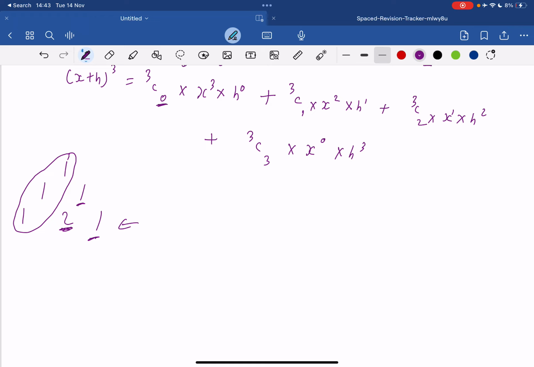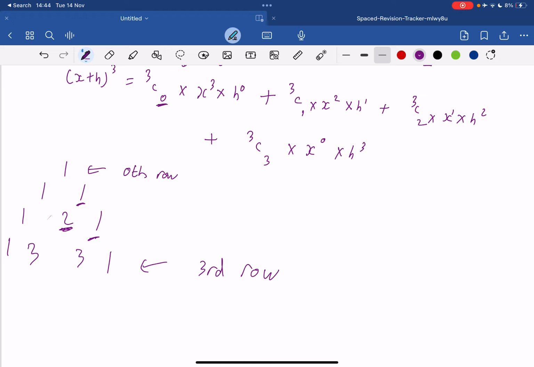Actually, replace that: 1, 3, 3, 1. This is the third row. Now the reason that's the case is because this is actually the 0th row. The way I like to remember it is x plus y to the power of 0.